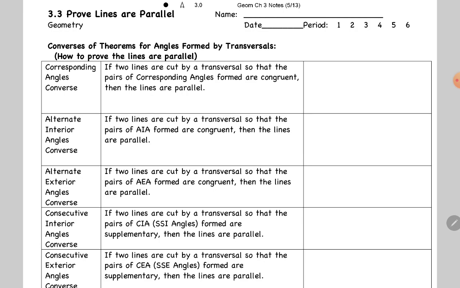So starting off with the corresponding angles converse. If we have two lines and they're cut by a transversal, so transversal T. And if the corresponding angles are congruent, so this one and this one, so if angle 1 and angle 3 are congruent and angle 2 and angle 4 are congruent, then the lines are parallel.